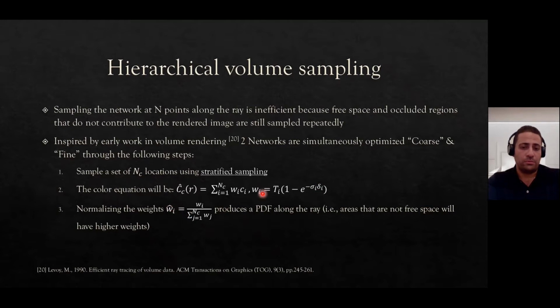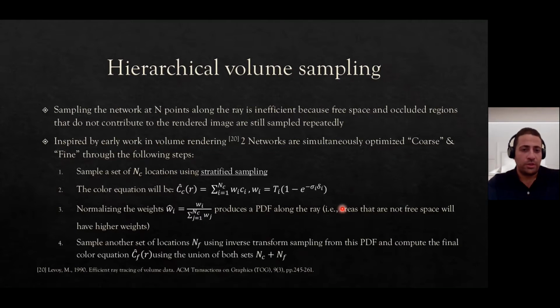We divide W at each point by the sum of all W's from j equals 1 to N_c. So for all locations, we get a probability density function by normalizing the weights. We get a probability density function along the ray, where areas that are not free space will have higher weights and areas that are free space will have lower weights. After we calculate this function, we use it to sample another set of N fine samples.